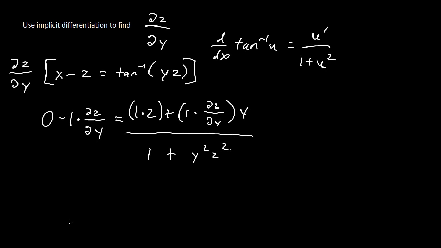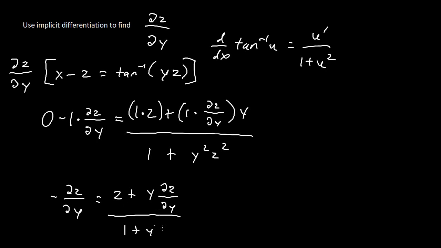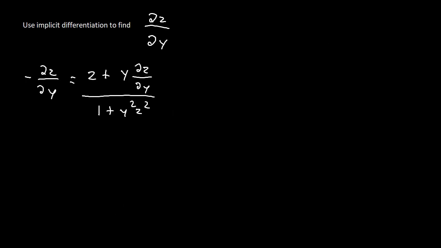And so when I simplify, on the left side of the equation, we'll get negative partial derivative of z with respect to y equals, now 1 times z is obviously z, plus y times the partial derivative of z with respect to y, over 1 plus y squared z squared. Now we need to find a way to isolate the partial derivative of z with respect to y, so I'm going to multiply this to the other side.